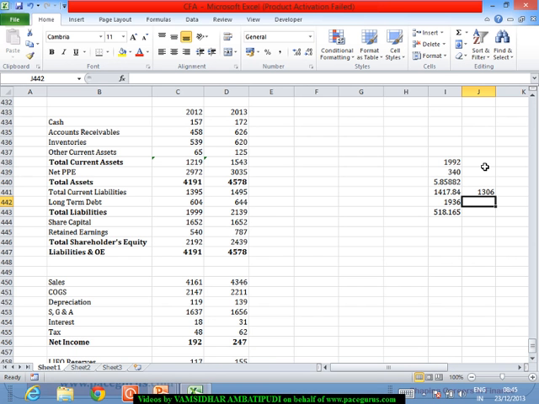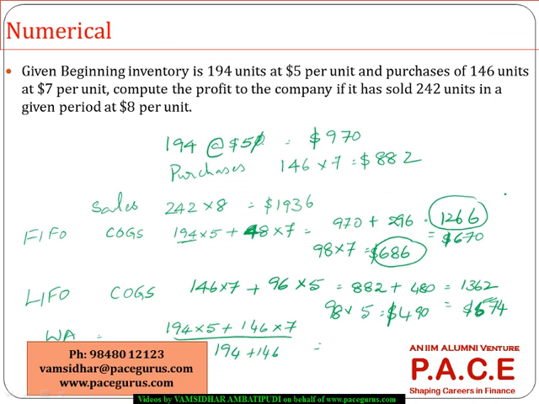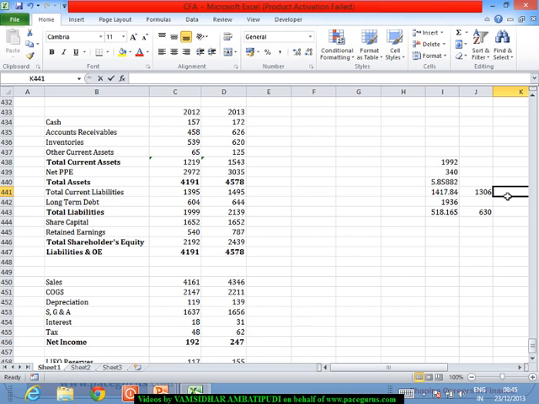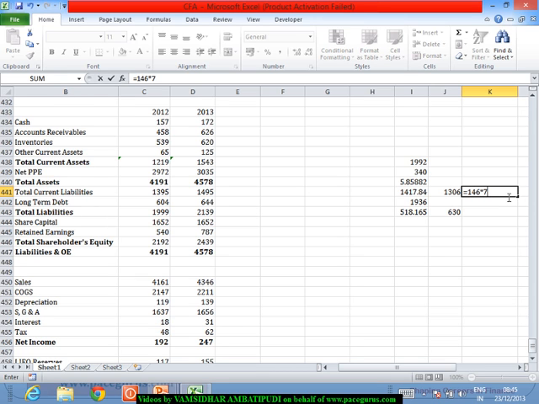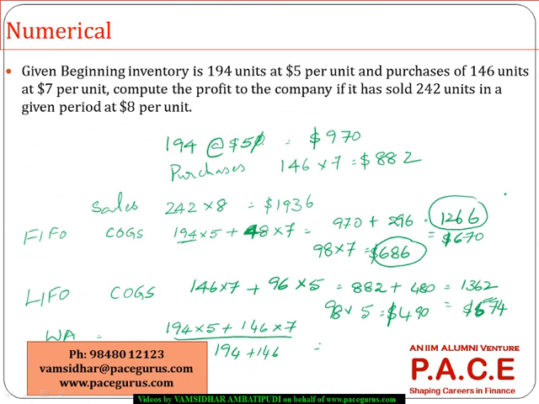Okay, 1306 is the cost of goods sold, which means the profit in case of the FIFO method is 1936 minus 1306, which is 630.